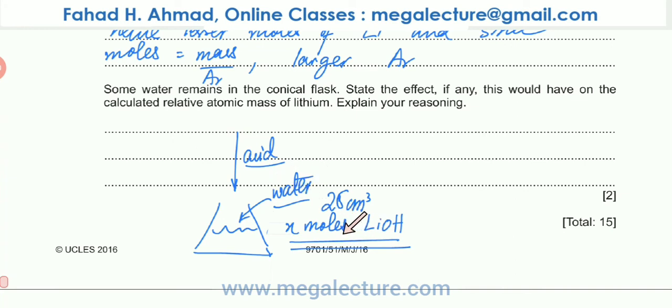Adding water to this conical flask is not going to change that. The amount of acid that's coming in from the top is going to react with the lithium hydroxide. It has nothing to do with the water that's present in the conical flask.